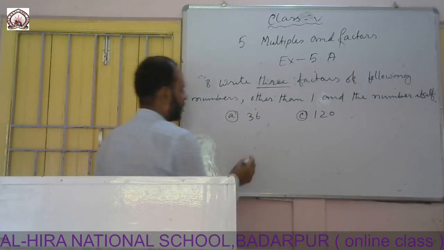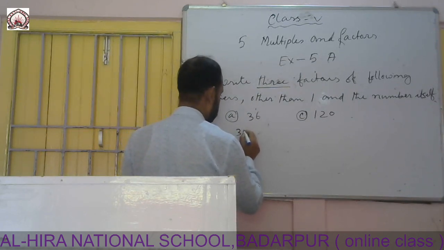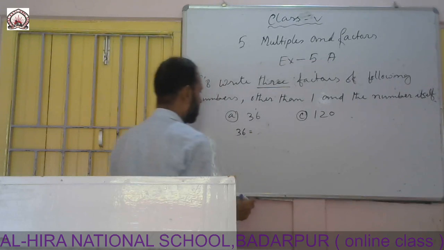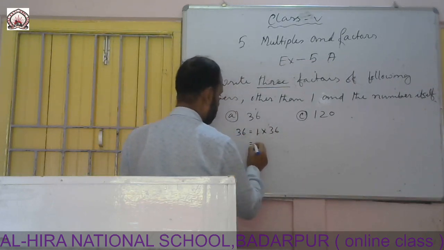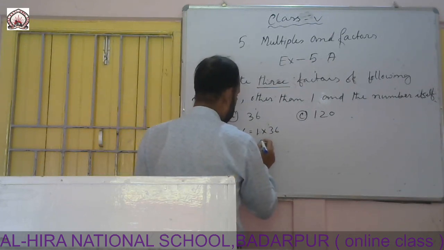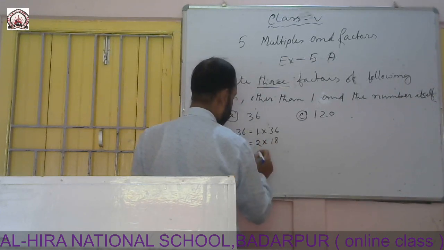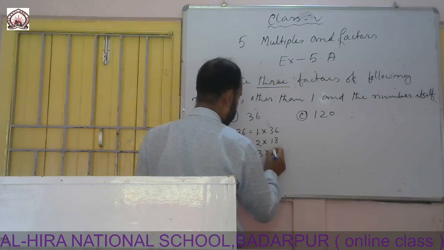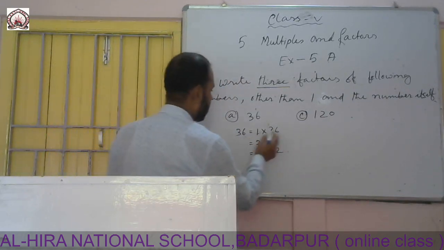So, first we take out the factors of 36. 1 into 36 is equal to 36. 2 into 18, 3 into 12. We need only 3 except 1 and 36.